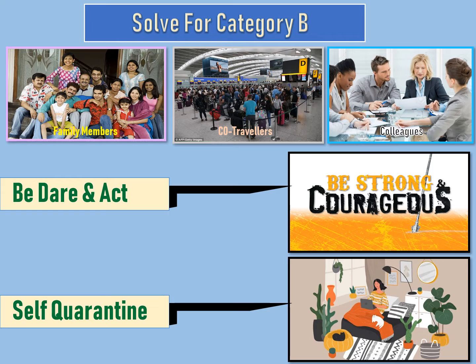Once we know that someone among us or among our family members, roommates, colleagues is found corona positive, we should not get derailed. That is the very, very important step. That means we should be strong and courageous for proper action.